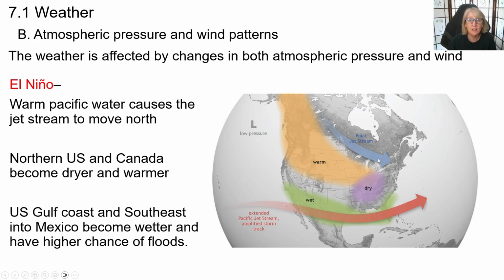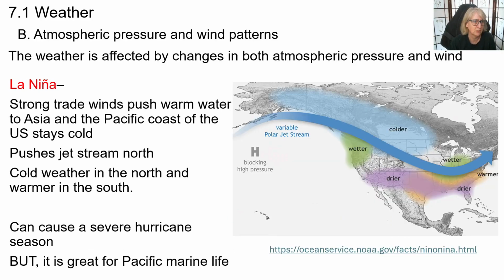We associate it here in New Jersey, the El Nino years, with having a really dry, hot summer. In the Gulf Coast and southeast parts of the United States and into Mexico, it's associated with more rain and a higher amount of flooding chances.